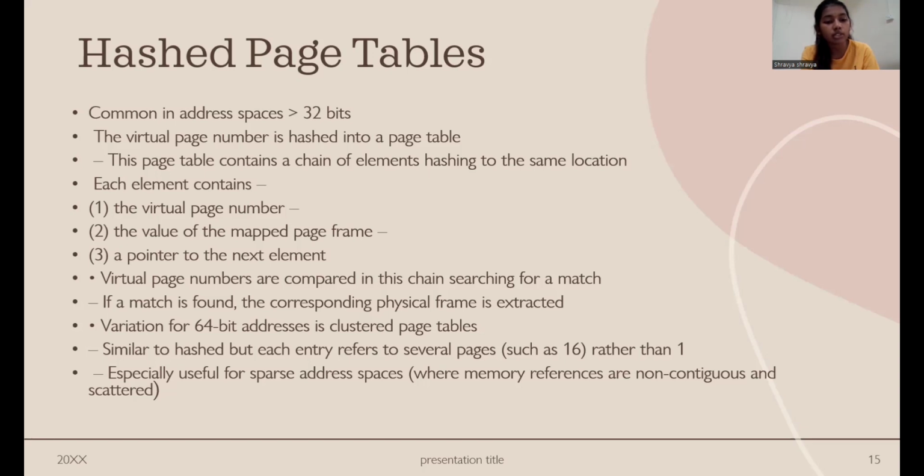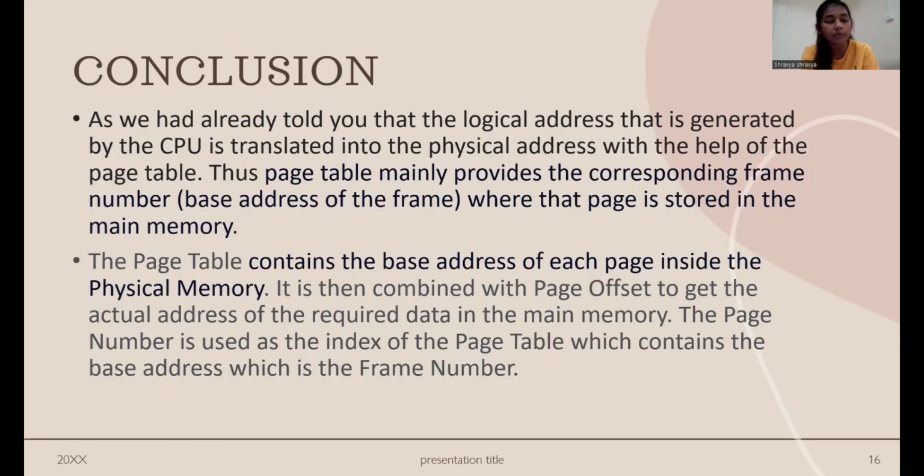If a match is found, the corresponding physical frame is extracted. The variation for 64-bit addresses is clustered page tables, similar to hashed, but each entry refers to several pages, such as 16, rather than one, especially useful for sparse address spaces where memory references are non-contiguous and scattered.